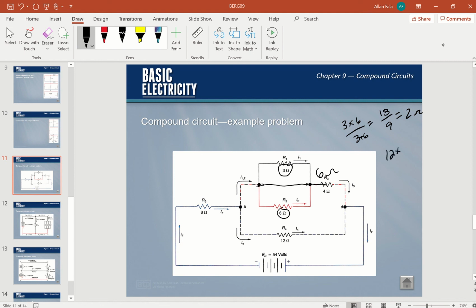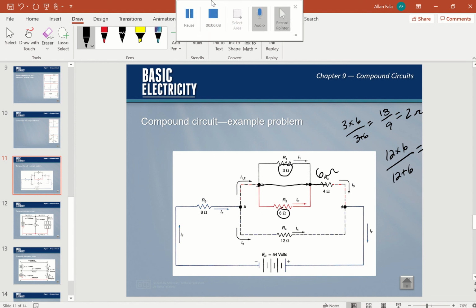That would be 12 times 6 divided by 12 plus 6, and that would give us 72 divided by 18, which is equal to 4. So the actual total resistance of the circuit here with R1, R2, R3, and R4 is going to be 4 ohms.